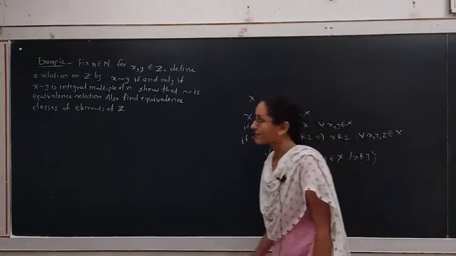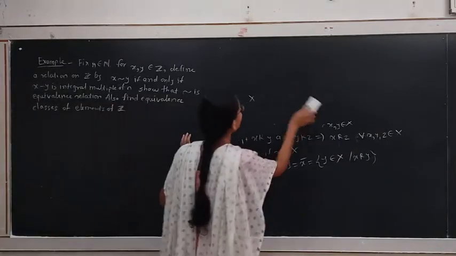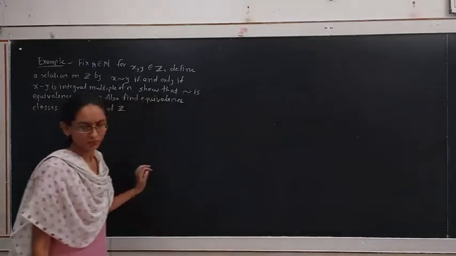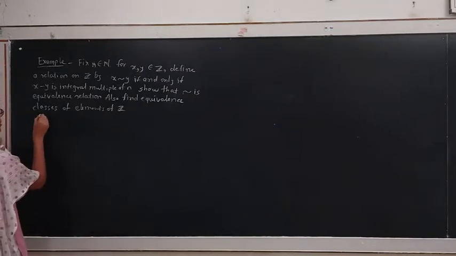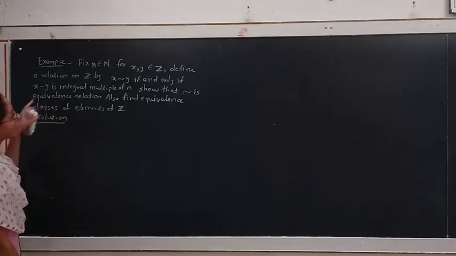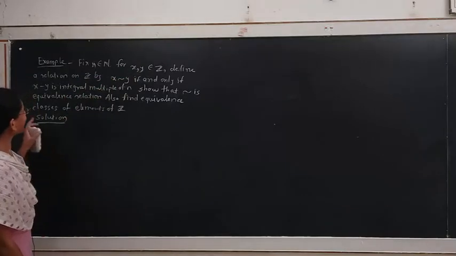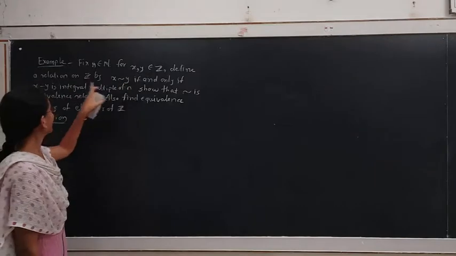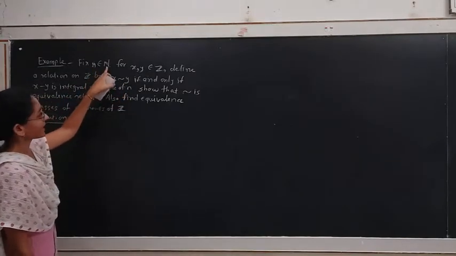Now we see an example. n is a fixed natural number, x, y belongs to Z. Define a relation on Z by xRy if and only if x minus y is an integral multiple of n, where n is a natural number.